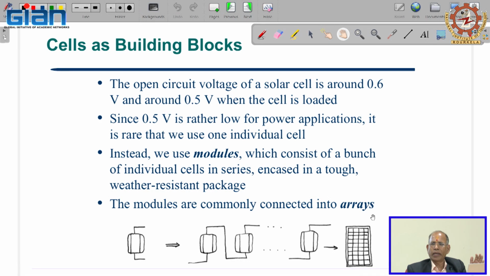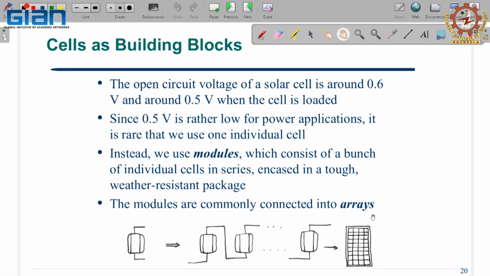So here we studied the basics of the diode. We compared a cell to a diode, started with a very simple diode model, then modified it a little and saw how the IV characteristics get modified.